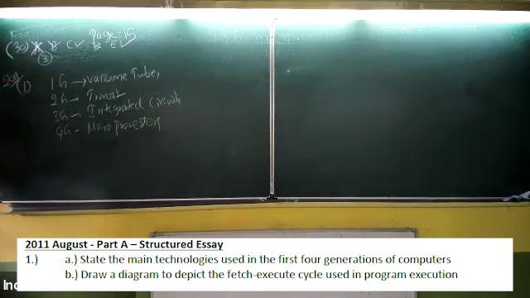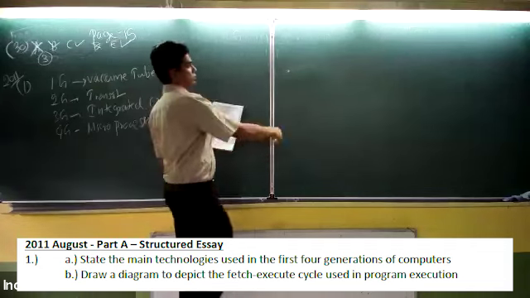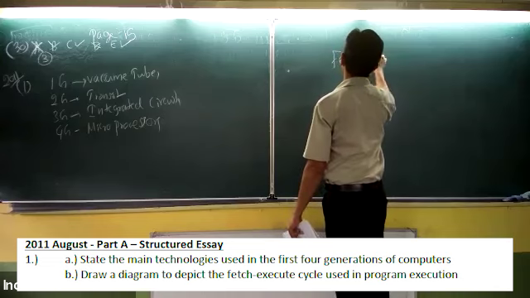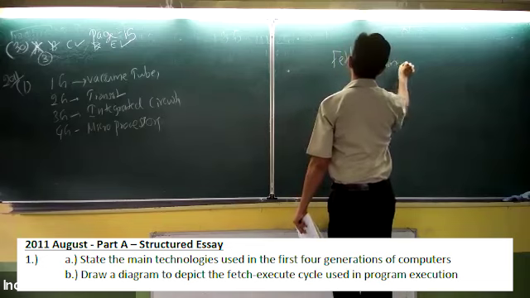Right. Then part B, draw a diagram to depict the fetch execute cycle used in program execution. They ask direct theories, right? Fetch execute cycle is also called the fetch decode cycle. What is it? There are 3 steps available. One is fetch the instruction. What is next?